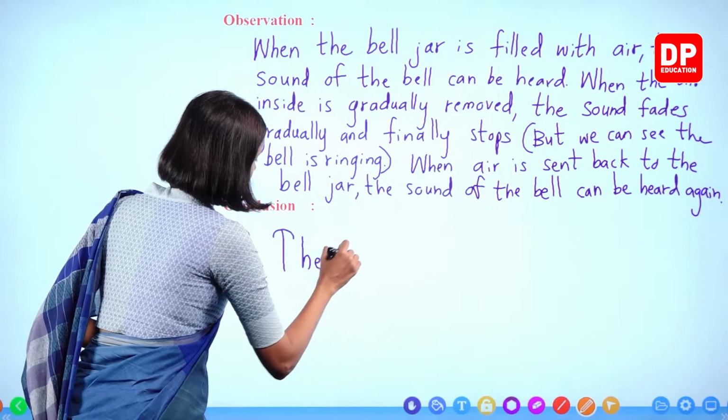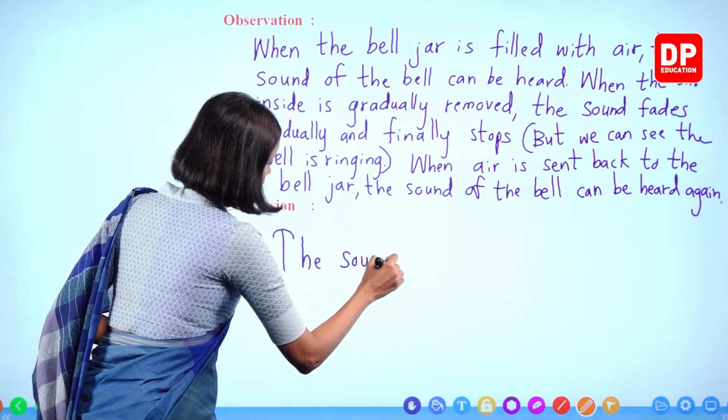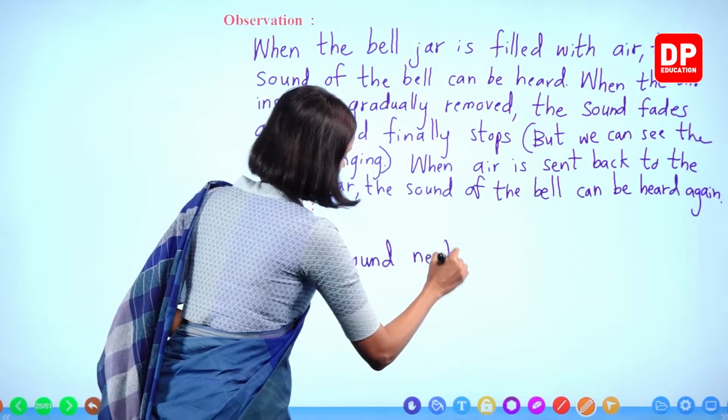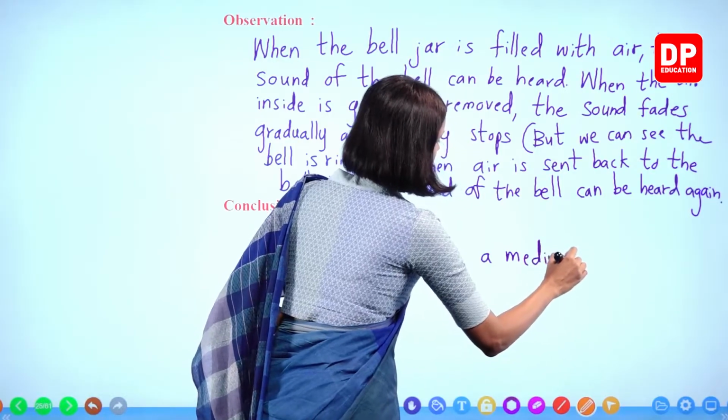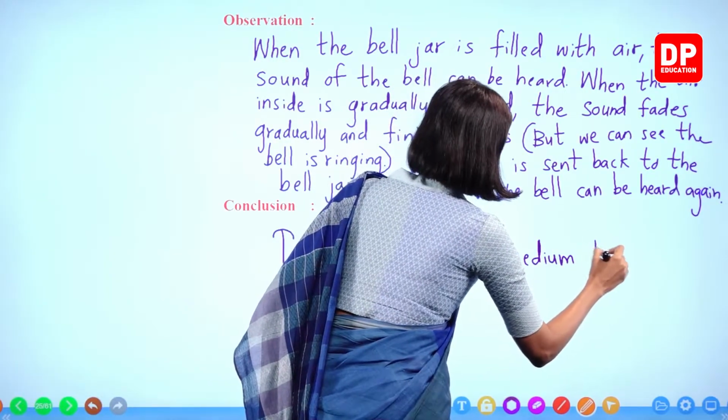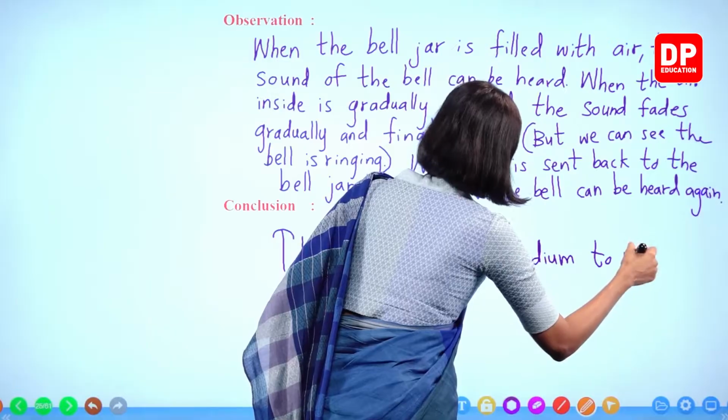The sound needs a medium to propagate or to travel.